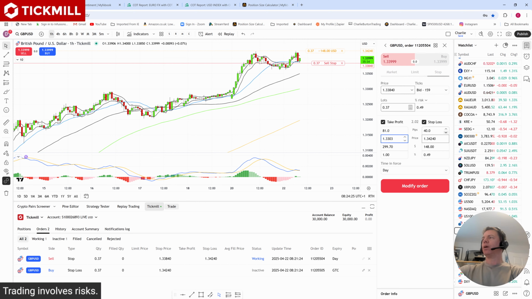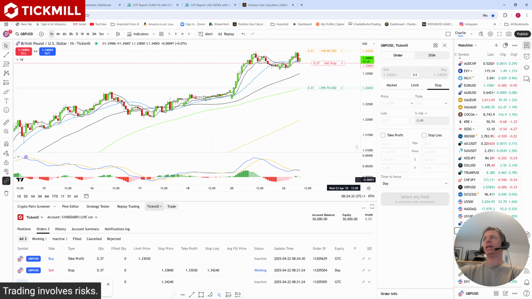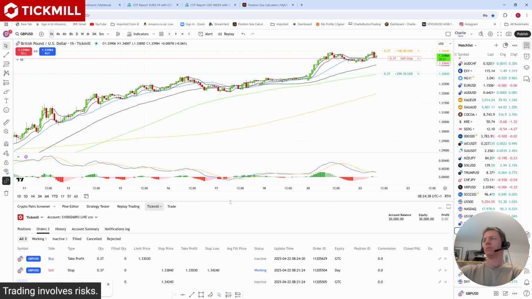So I'm risking 40 pips to make 81. Okay, so just hit modify, and that's now going to put in, as you can see on the chart, let's just get that minimized here. So I've got all the orders in there.